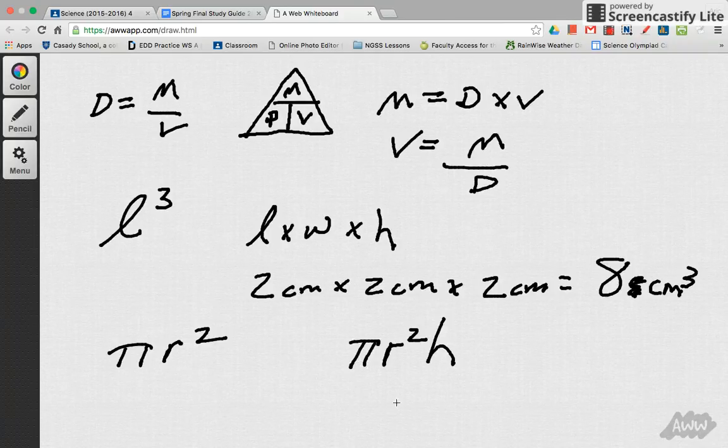And since the radius is going to be in centimeters, that's going to end up being a centimeter times a centimeter, which is a centimeter squared. Your height is going to be in centimeters, and that's going to give you a centimeter squared times a centimeter, and that's going to give you your cubic measurement, your centimeter cubed, as far as the units go.